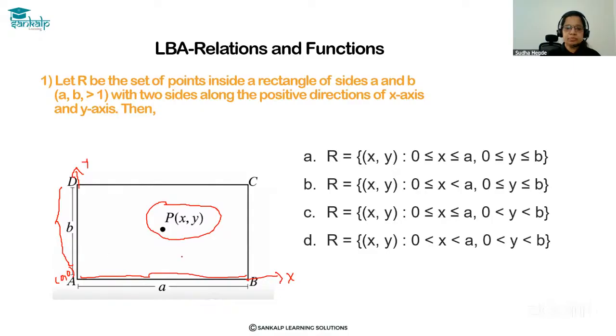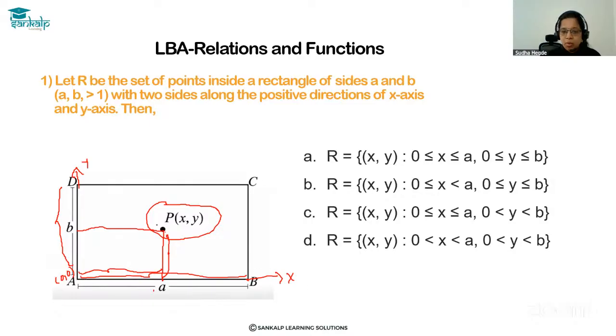See, you take a perpendicular here. So this distance is clearly less than B, correct? But it is more than 0. Similarly, this distance is less than A and more than 0.